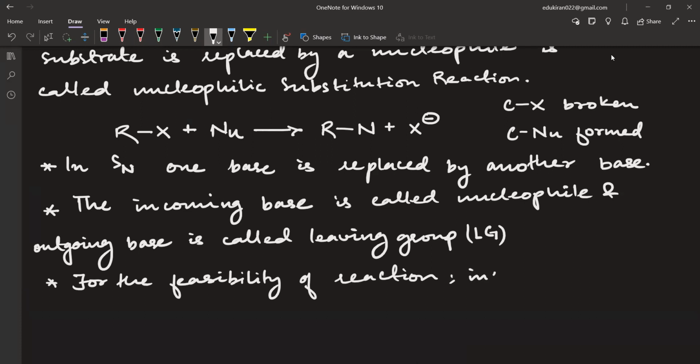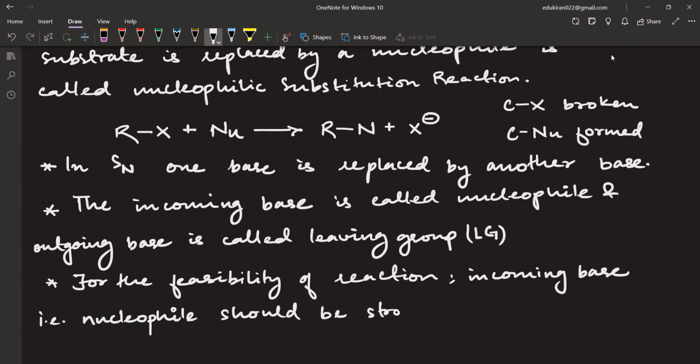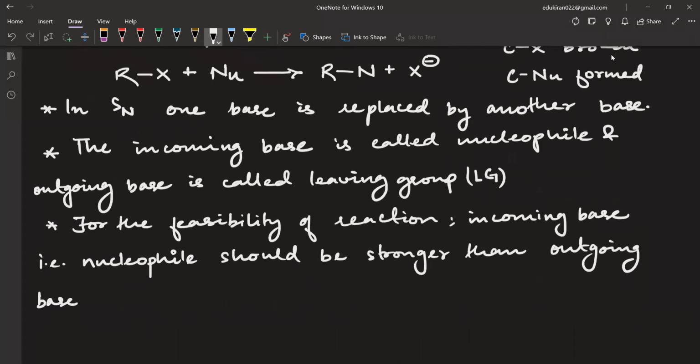Feasibility means for the reaction to happen, the incoming base, that is the nucleophile, should be stronger than the outgoing base. The outgoing base is known as what? Tell me.